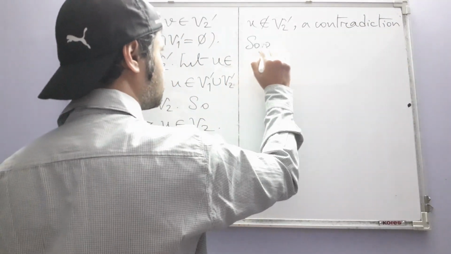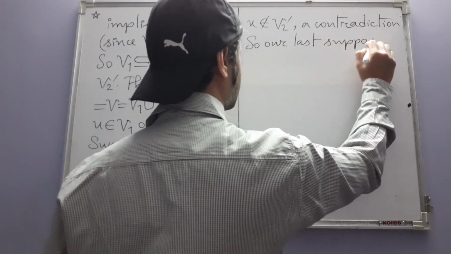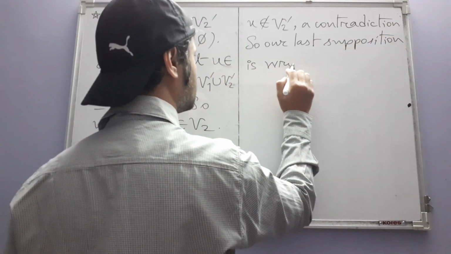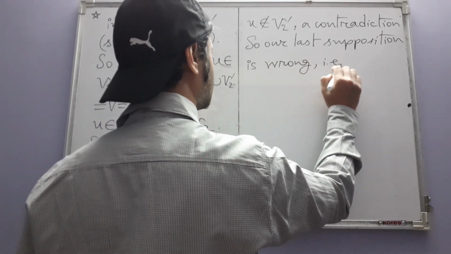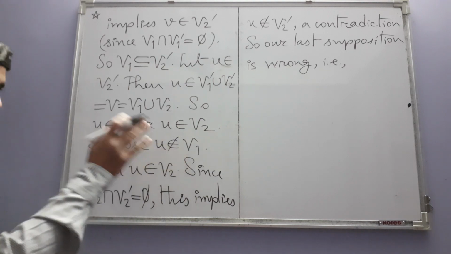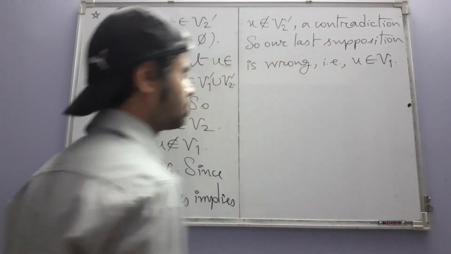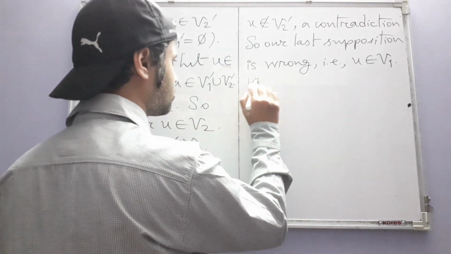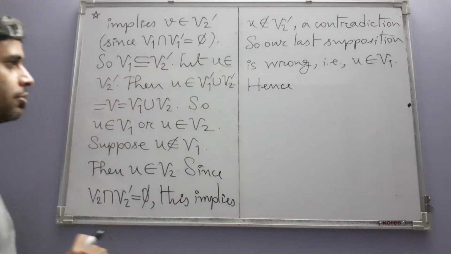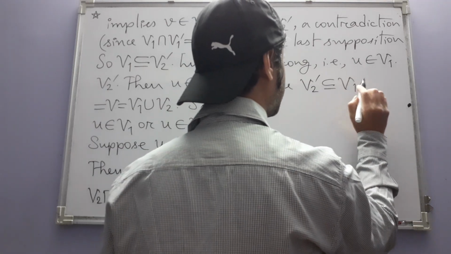So our last supposition is wrong, i.e. this supposition, that means u has to belong to V1. Hence V2 prime is also a subset of V1.